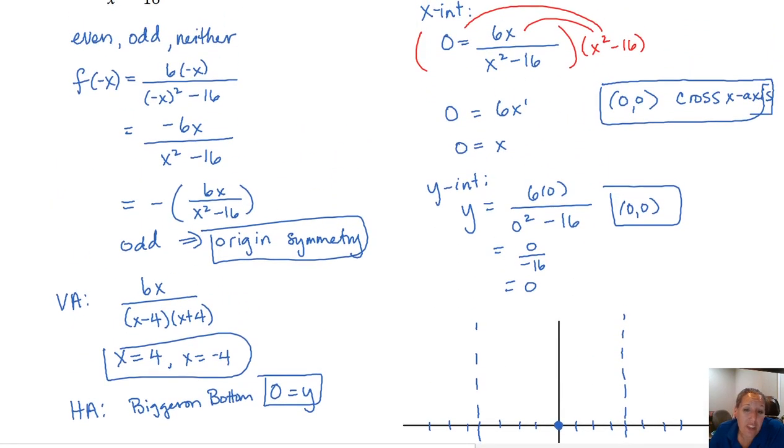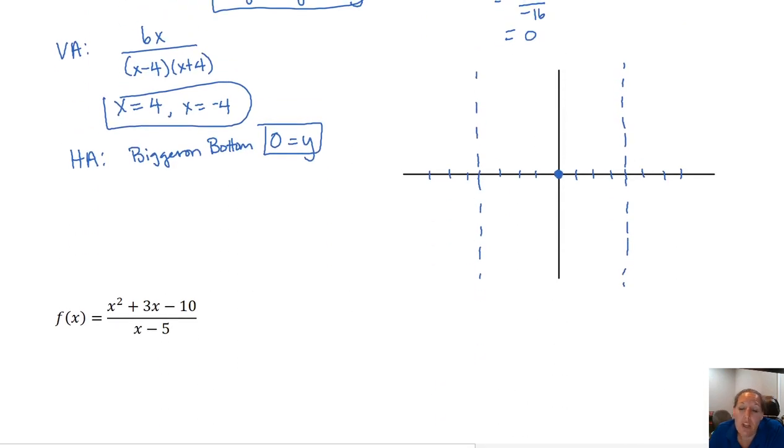But right now, that's all the information that we have, which isn't really enough. And we do have the fact that we have a horizontal asymptote on the x-axis. Now remember, we can cross a horizontal asymptote, but we can never cross a vertical asymptote.